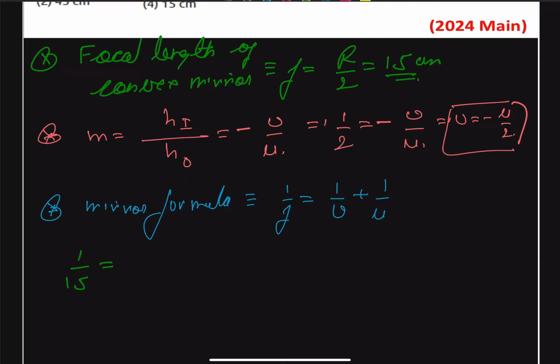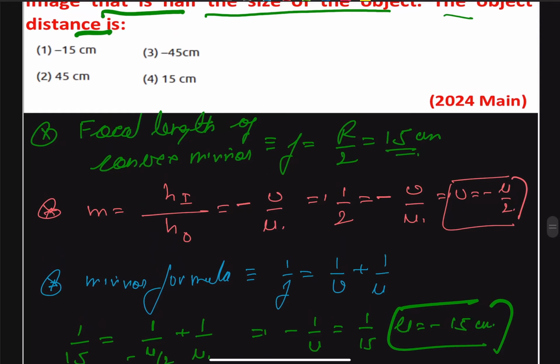V we just found out in terms of u, that is minus u by 2, and this is plus 1 upon u. So we can easily solve it for u. This gives us minus 1 upon u is equal to 1 upon 15. So we get u is equal to minus 15 centimeters. So we have option number 1 is the correct one.